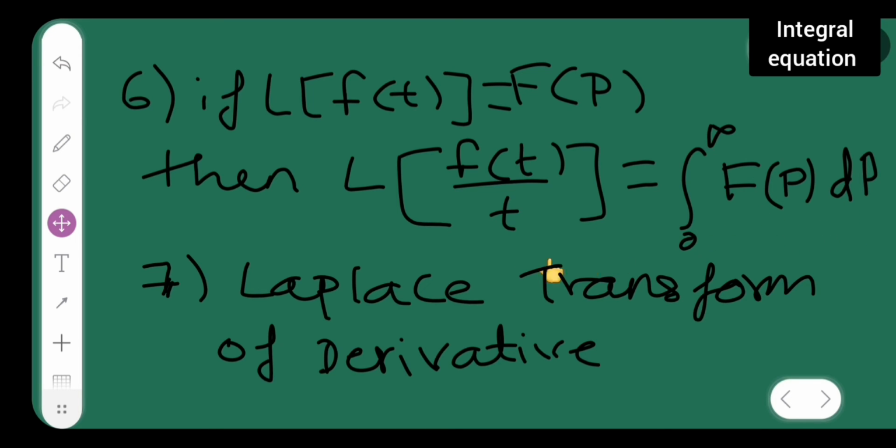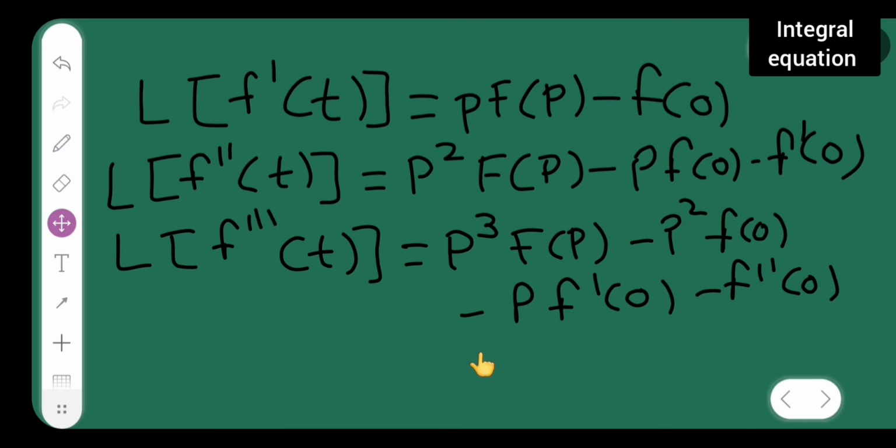Okay. Now seventh one is what? Laplace transform of derivative. Let me do it. Laplace of f dash of t, this is the first derivative, is equal to p into F of p minus f of 0.